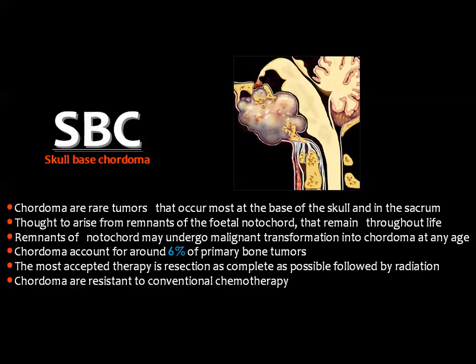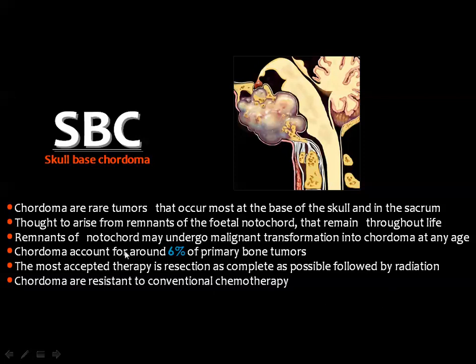And skull base chordoma: the chordoma in the skull base will occur in the clivus, and it may extend into various directions. The chordoma is usually seen in the midline, but you know that there is a known entity, parasellar chordoma, and also the chordoma can occur in the region of the clivus.